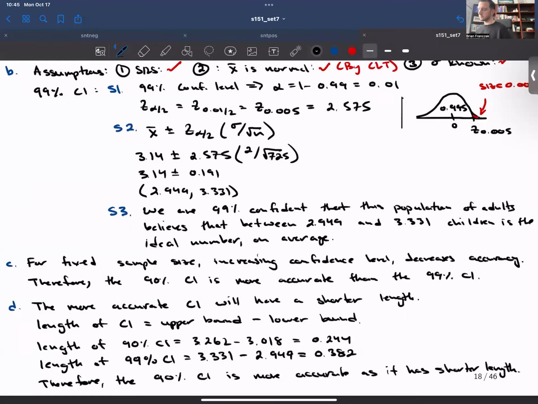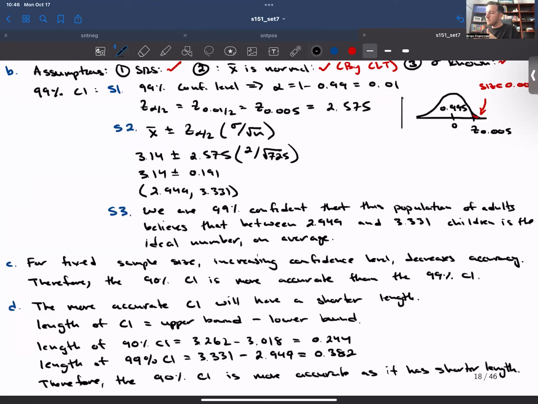Okay. So in this illustration, we saw two examples of computing confidence intervals, which were exactly the same because nothing changed except the confidence level. We then were asked a question about accuracy. Accuracy for a confidence interval refers to how long the interval is.